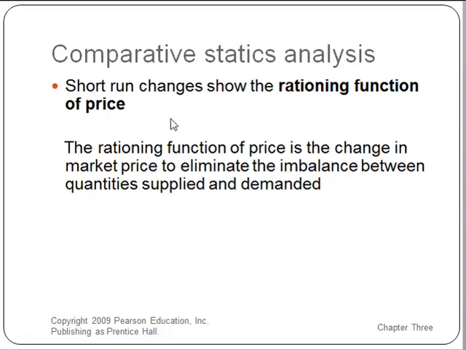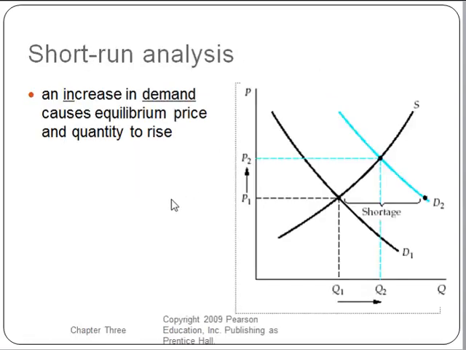What is the rationing function of the price? That means the change in the market price to eliminate the imbalance between the quantity supplied and demanded. How do we understand this? Let's check the next slides. For example, if there is an increase in demand from demand 1 to demand 2, and the price is still at price 1, a shortage will occur.